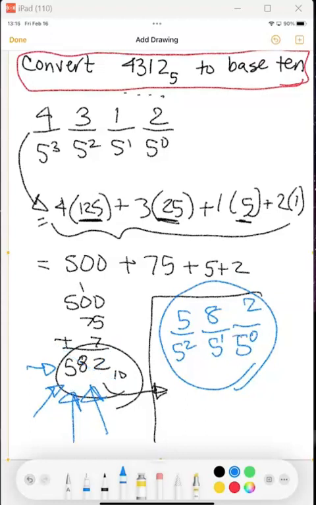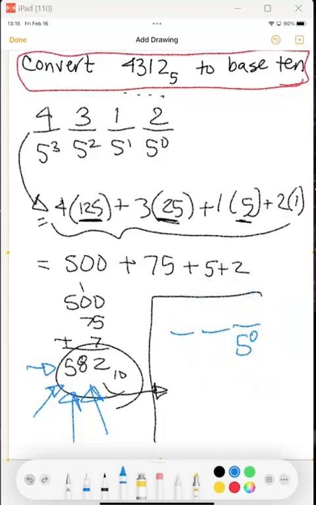This number here says I have 2 ones, 8 tens, and 5 hundreds. This says I have 2 ones, 8 fives, and 5 twenty-fives. So it's not sensible to write this. But I want to convert to base 5. That's my ultimate goal.